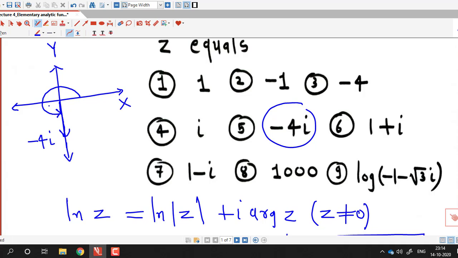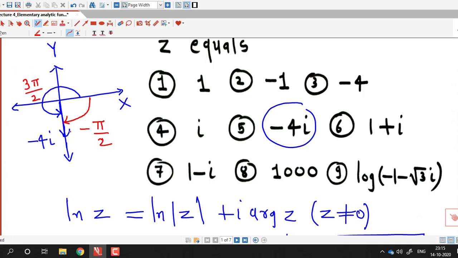Either we can measure counterclockwise or clockwise. It is better to measure clockwise because this angle is going to be negative pi by 2, so it will work in both cases, for general as well as principal logarithm. The counterclockwise angle is going to be 3 pi by 2.